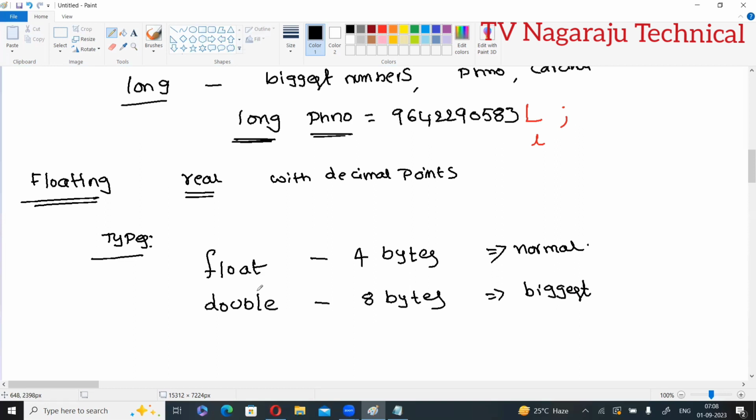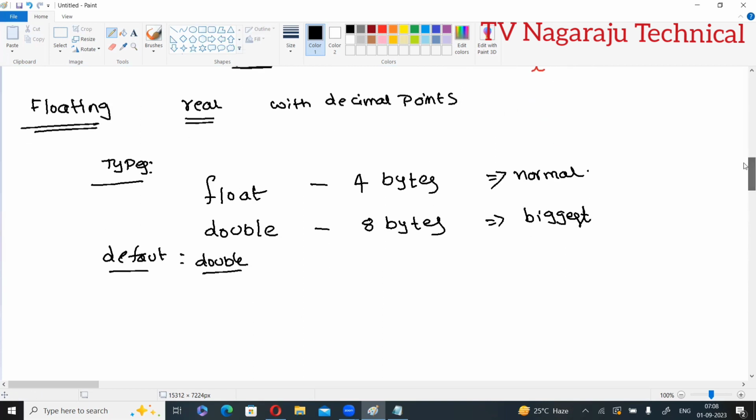Remember, by default, every real value is a double. System takes every real value as a double. How to make the value float? By using capital F or small f at the right of the value.